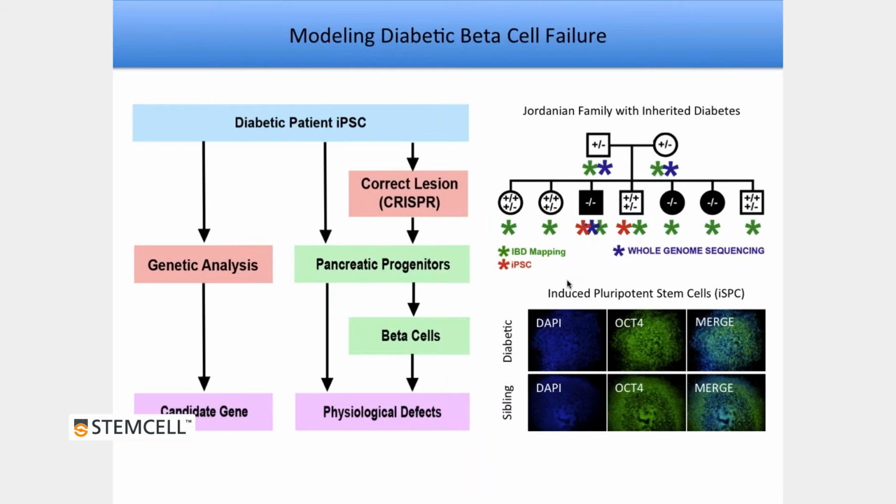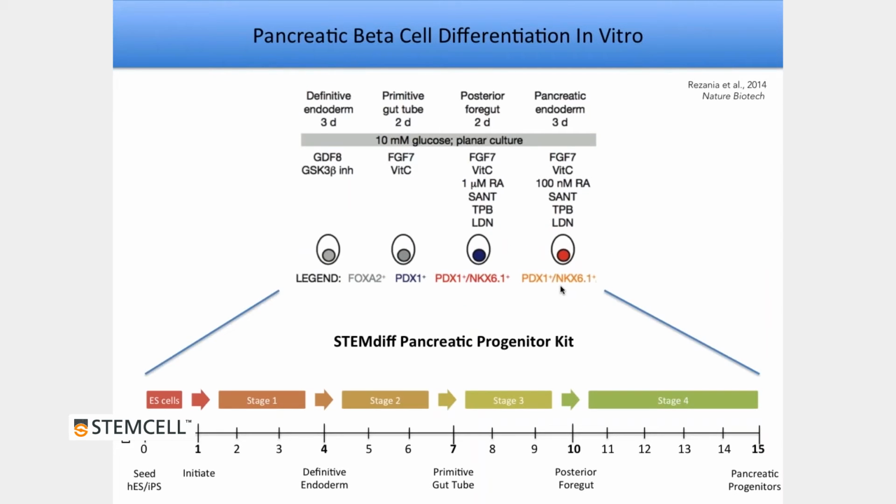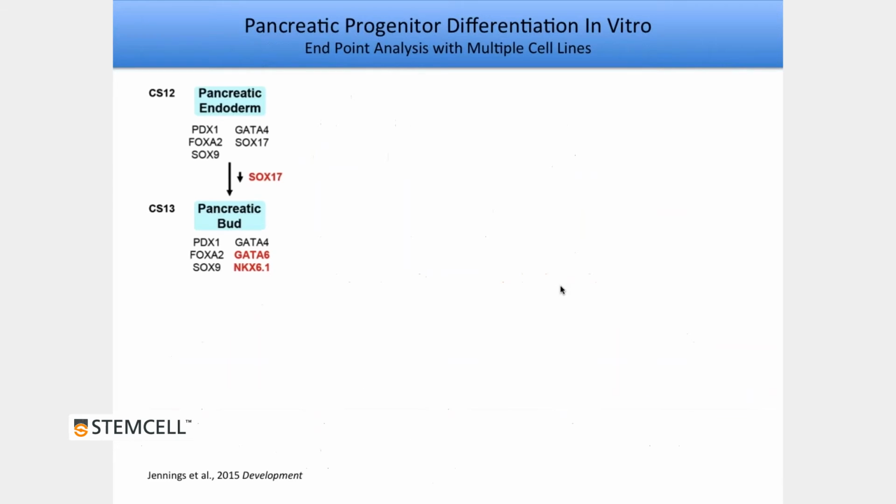As Ray showed you earlier, we're using the STEMdiff pancreatic progenitor kit to turn our iPS cells firstly into pancreatic progenitors. Ray showed you the trajectory of gene expression, which is consistent with cells passing through the definitive endoderm gut tube towards the pancreatic lineage.